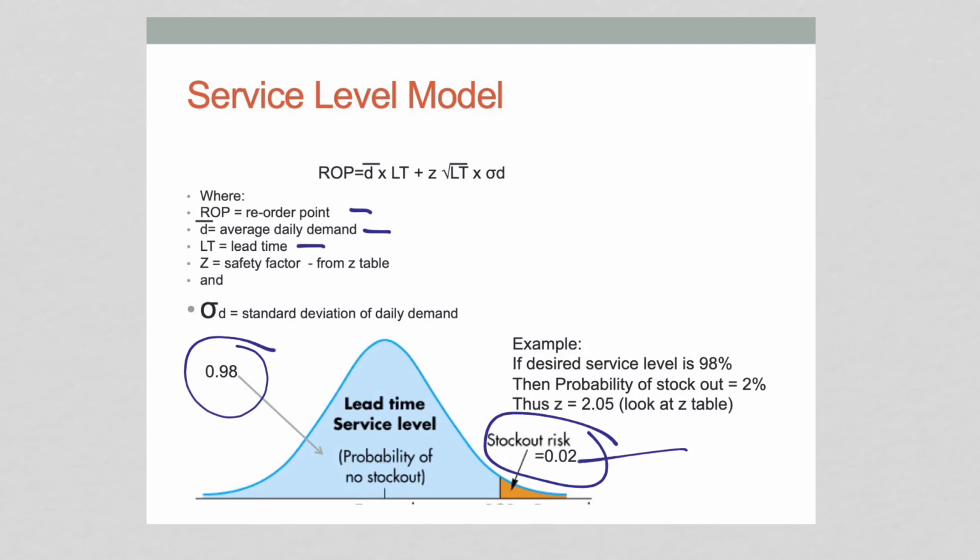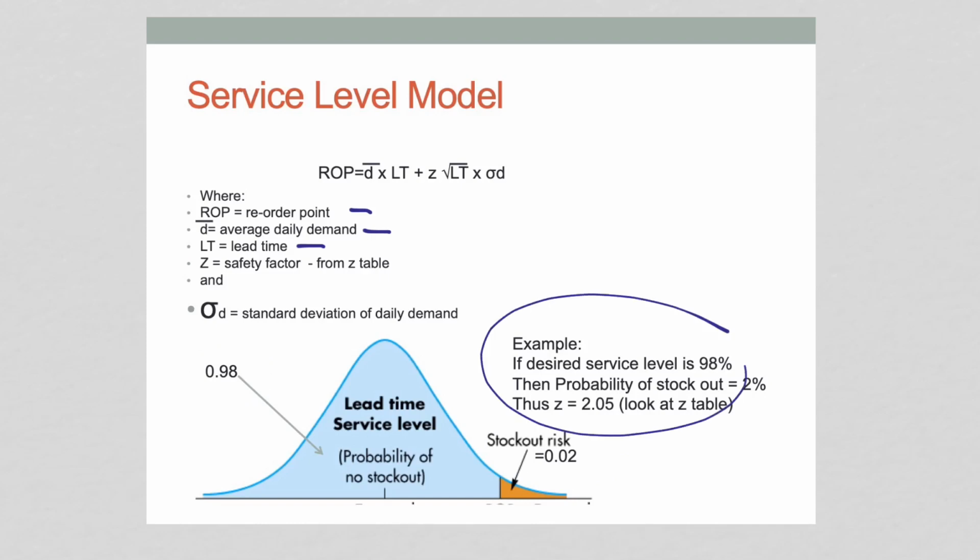And sometimes you're given the information here, which is, I want a maximum stockout risk of 2%. So both are related. If you have one of these, you can calculate the other. And once you have one of these, you can then get Z. So for example, let's say desired service level is 98%. This means that also the probability of stockout is 2%, which is the complement of that.